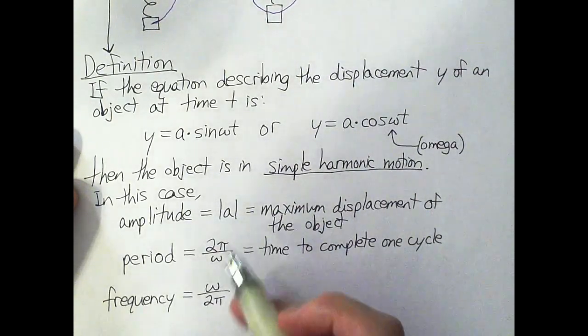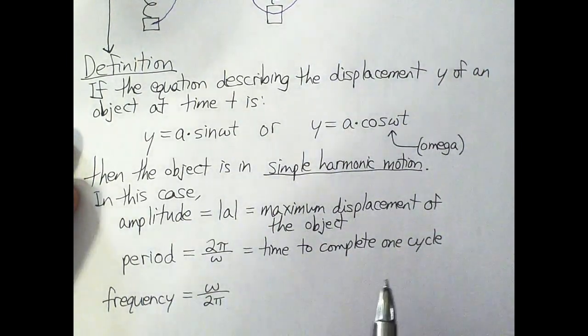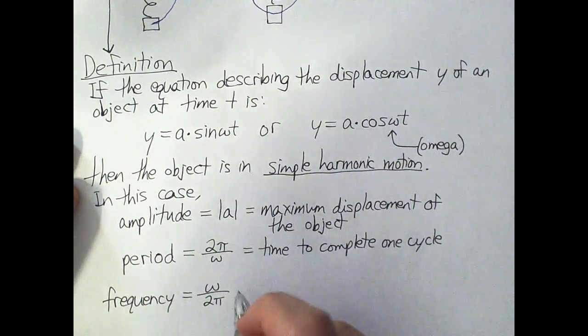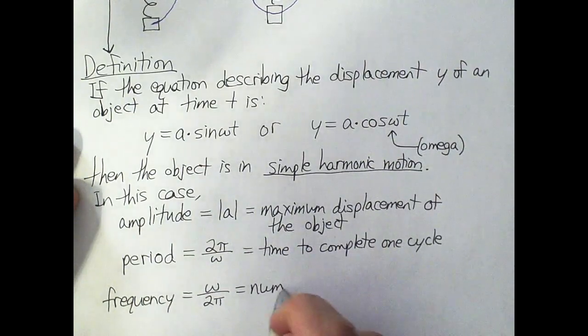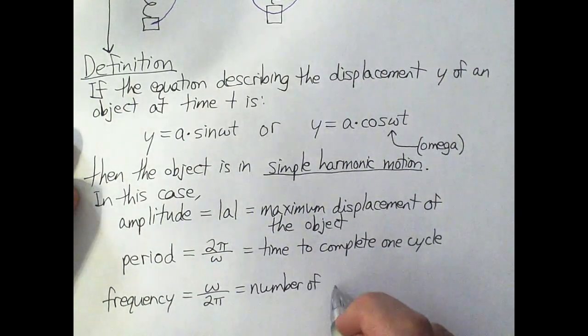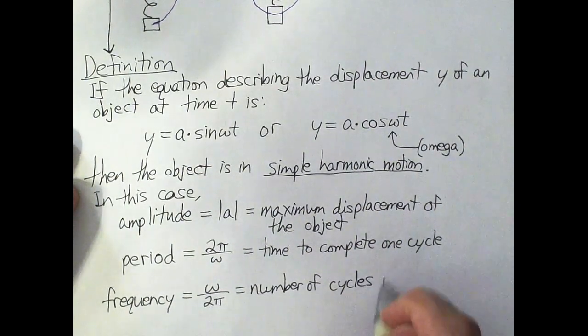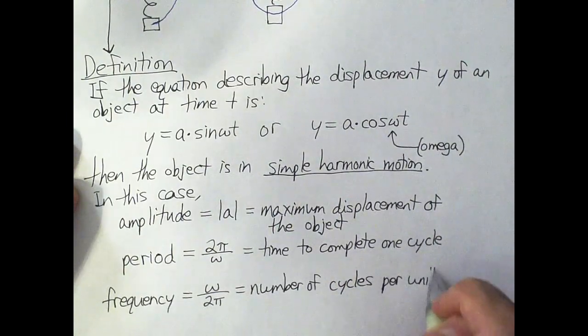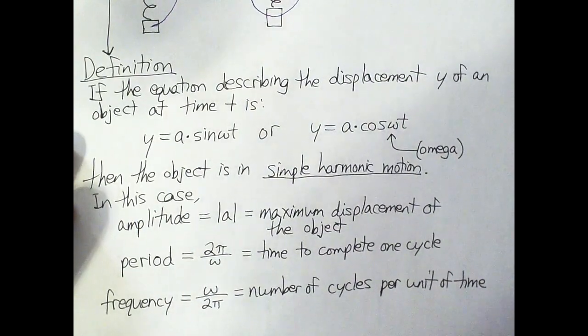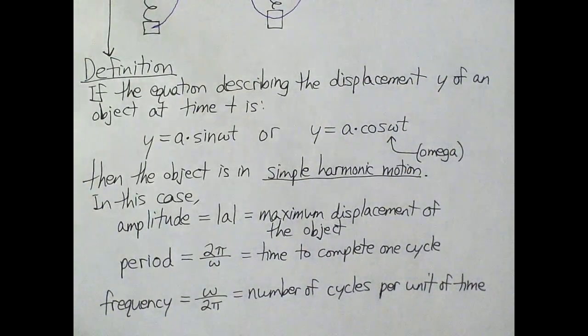So it's the reciprocal of the period, and it is the number of cycles per unit of time. We didn't really say what time was measured in. Is it measured in seconds? Is it measured in minutes? The answer is it could be any kind of unit of time. Seconds is probably the most common.